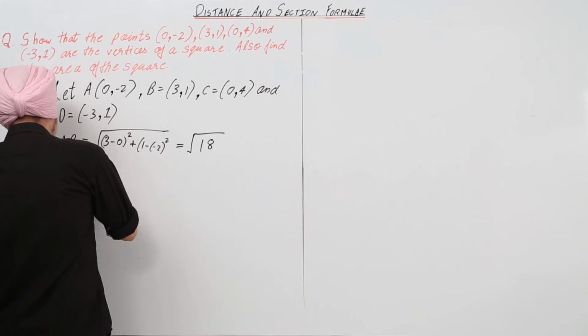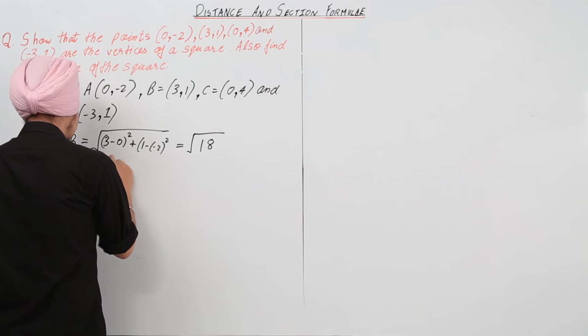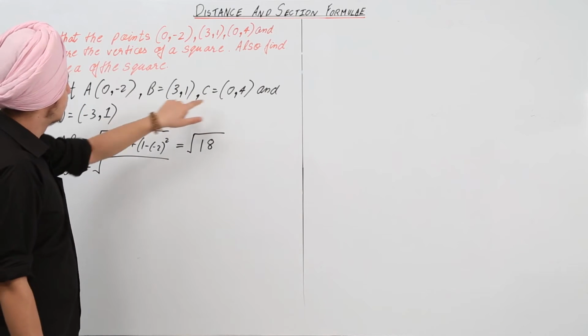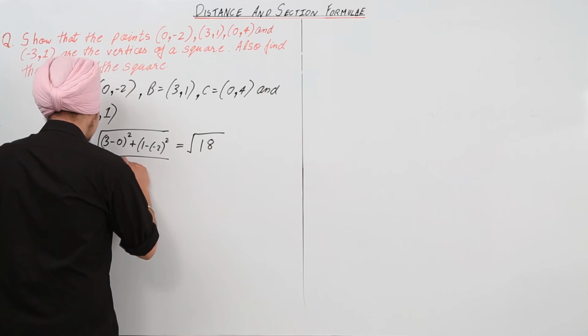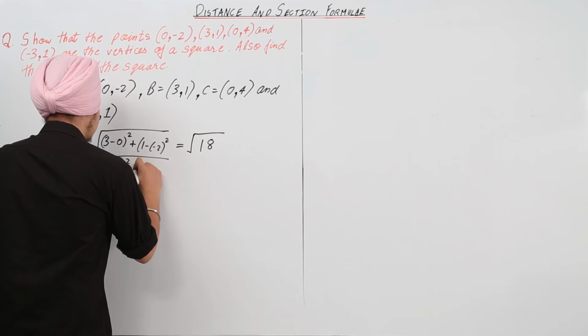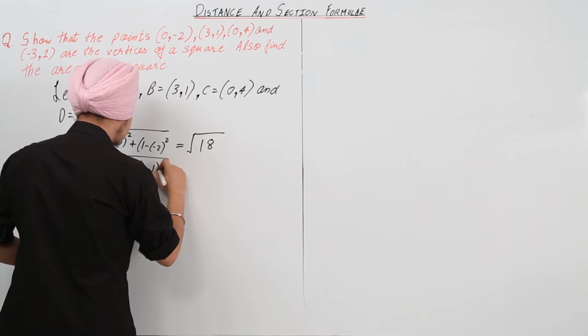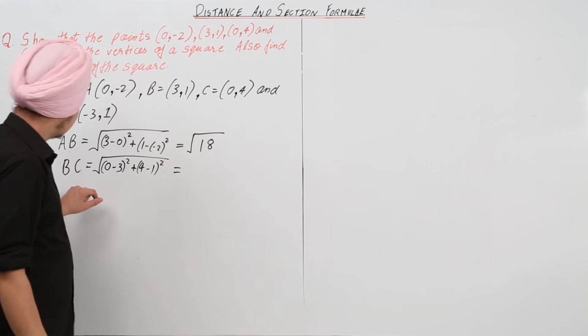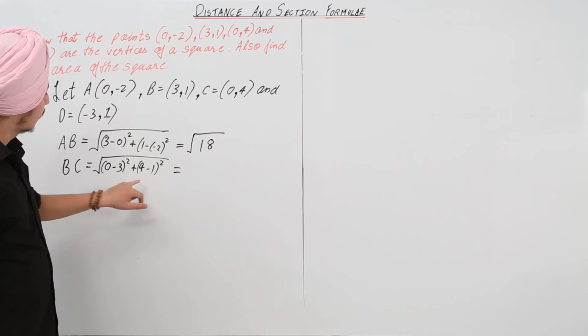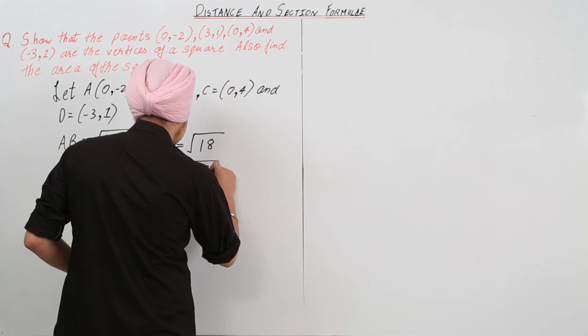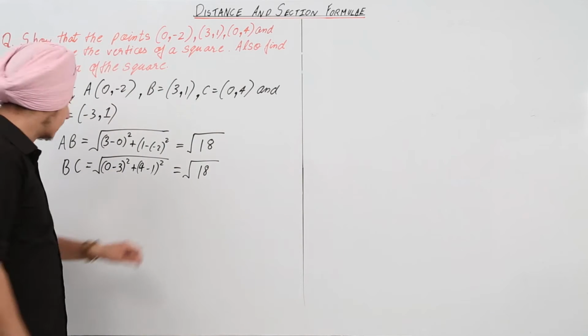Next we'll calculate the length BC, that will be equal to the square root of (0 - 3) whole square plus (4 - 1) whole square. So now this is equal to 3 square plus 3 square, that is the square root of 9 plus 9, that is the square root of 18.